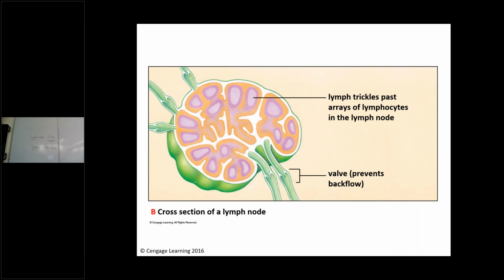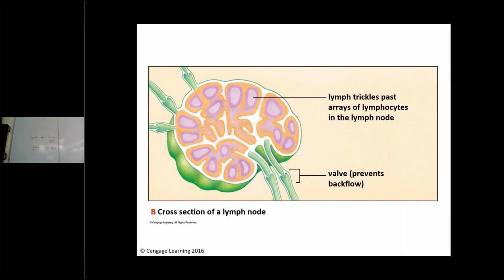Also, look at this here, and you'll see that there are more vessels going into the lymph node than there are leaving the lymph node. So more vessels are bringing lymph to the node than allowing it to leave the node. So that slows down the movement of the lymph.